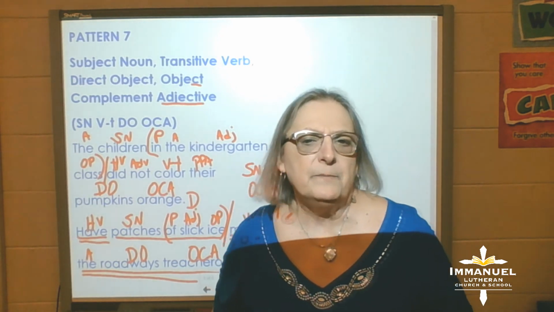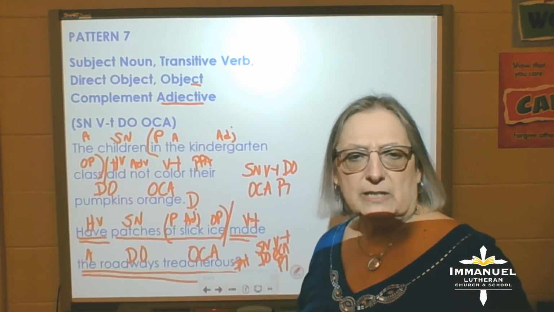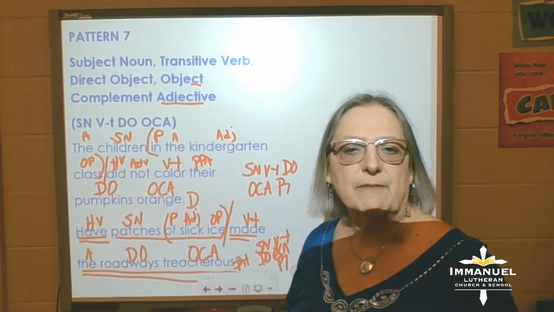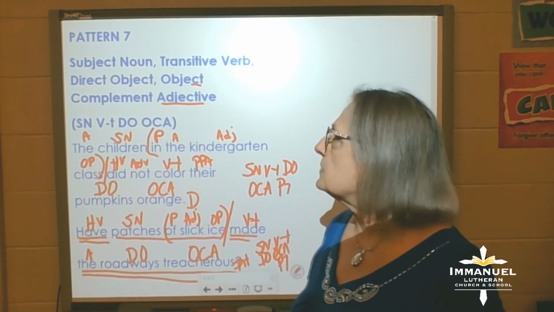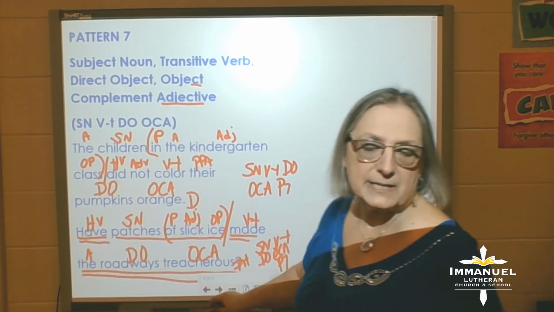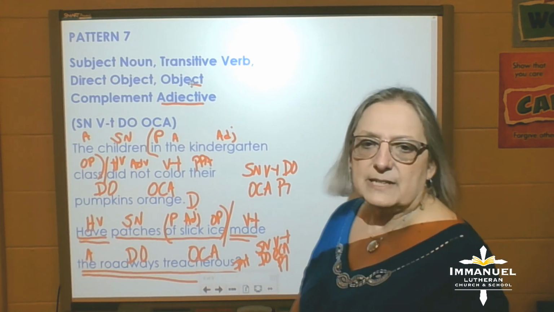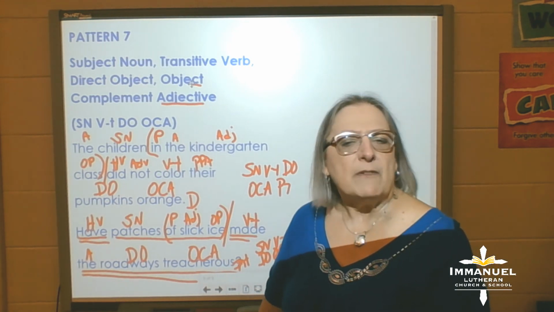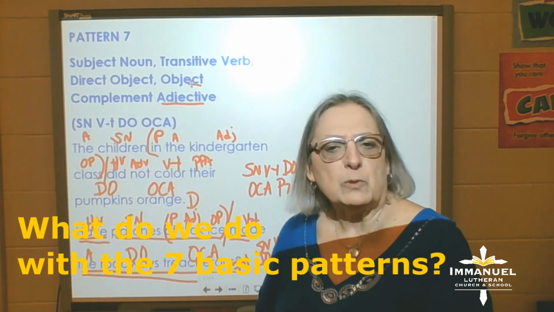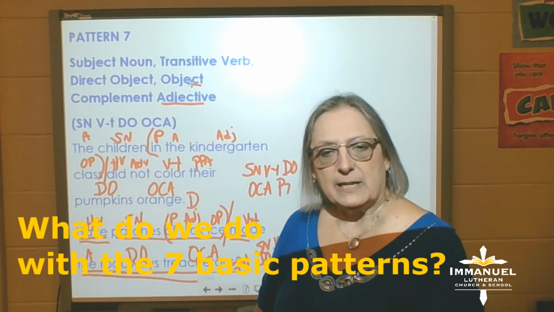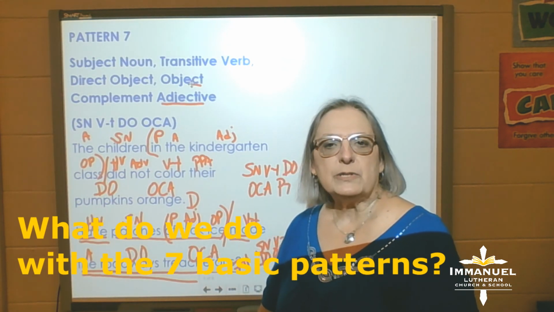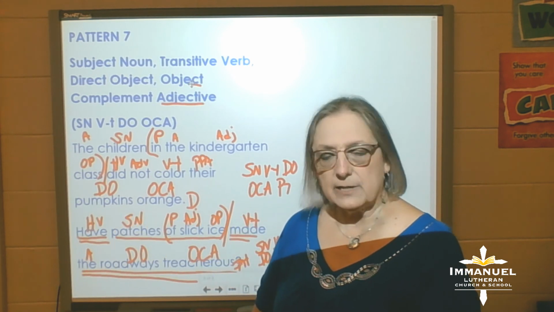As I said, these patterns we usually learn in grades 7 and 8, possibly get introduced at the end of grade 6, but by grade 7 and 8, we have these last 2 patterns. So I've shown you all of the basic patterns. What do we do with them? Well, as we get better and better at writing, we use the various patterns to have variety in our writing.